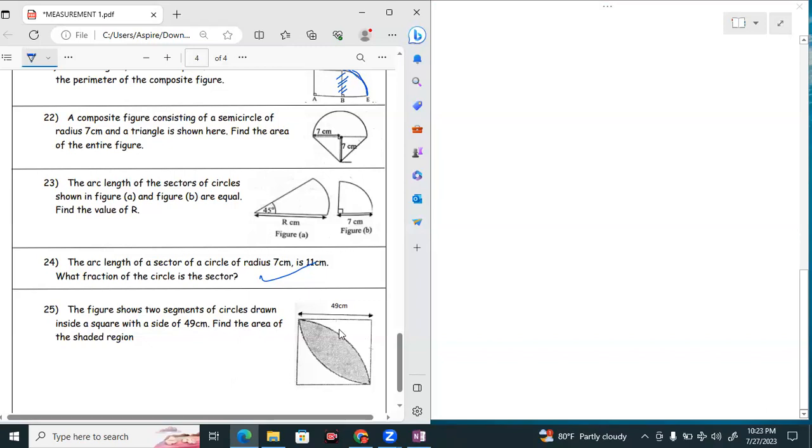Then to find the area of the shaded portion, how do we find it? First of all, find the area of the square.